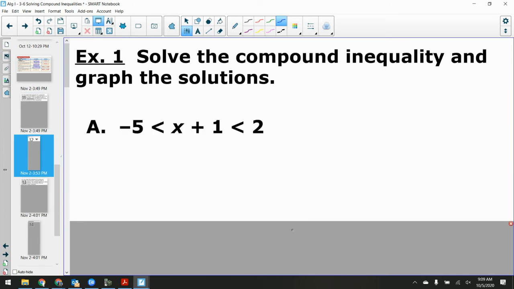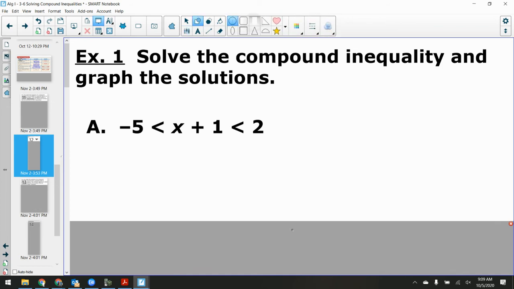All right, let's just start here. You can pass up that intersection thing. Let's just jump back down to the example. Is this an and or an or inequality? This is an and, right? Because it's written in that one single statement. Guys, if you don't see the word or, or if you see no words at all, it's an and. Now, how do we solve this? Well, how would we solve for x?